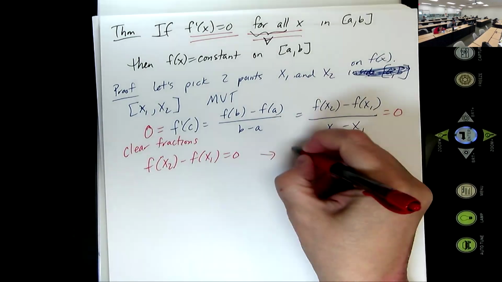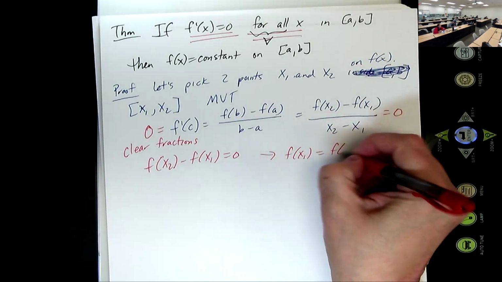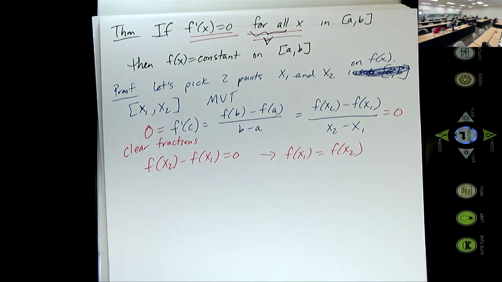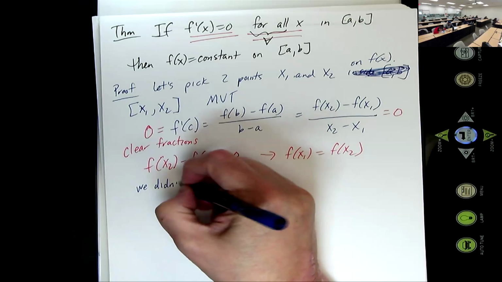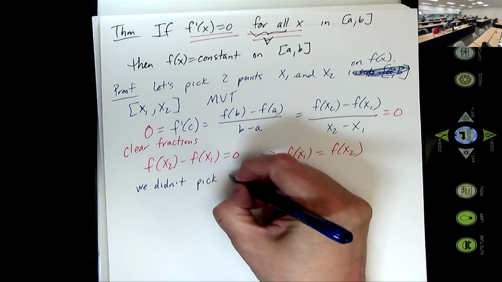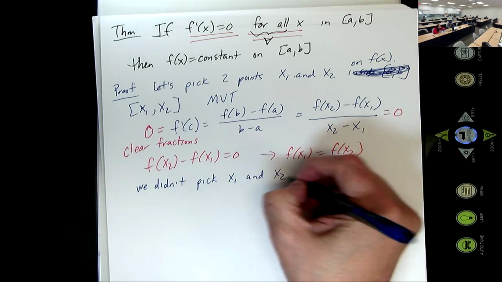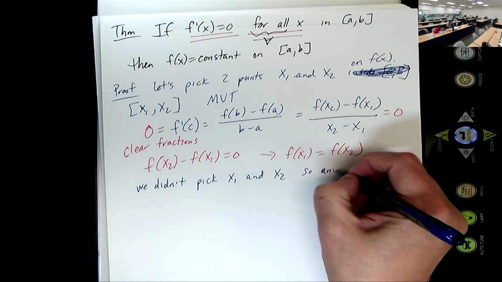And therefore f of x1 equals f of x2, just add f of x1 to both sides. But we didn't pick values for x1 or x2, so any x value works.